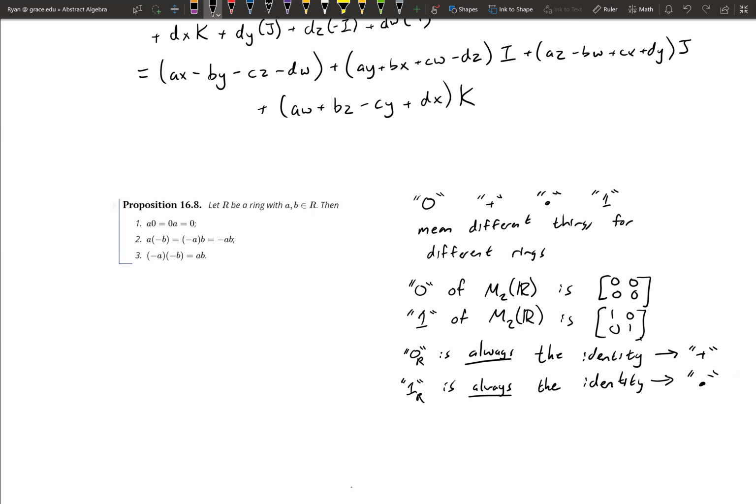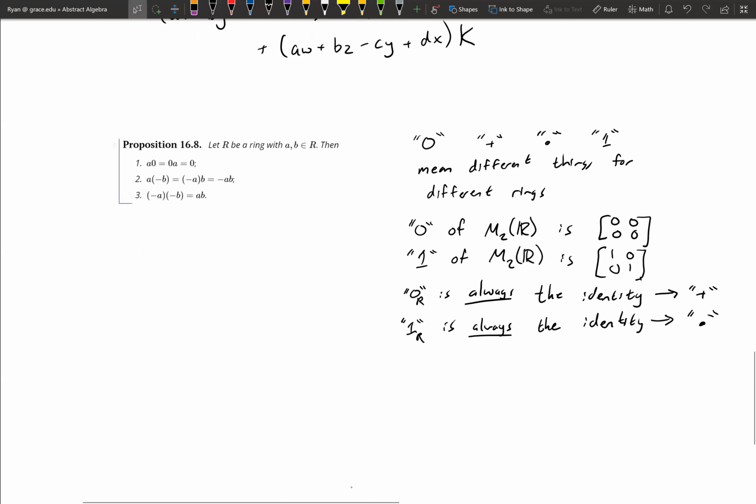And so in this proposition here, there's zeros and there's negative signs. So what does a negative sign mean? It means the additive inverse. So minus always means additive inverse.